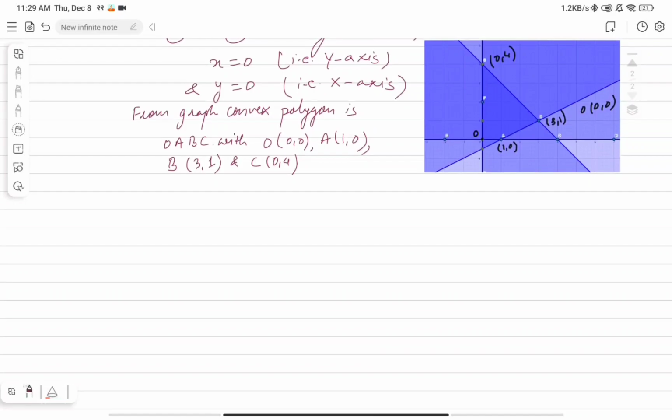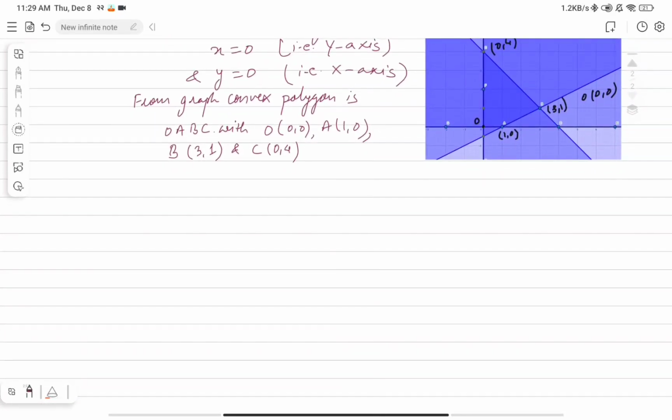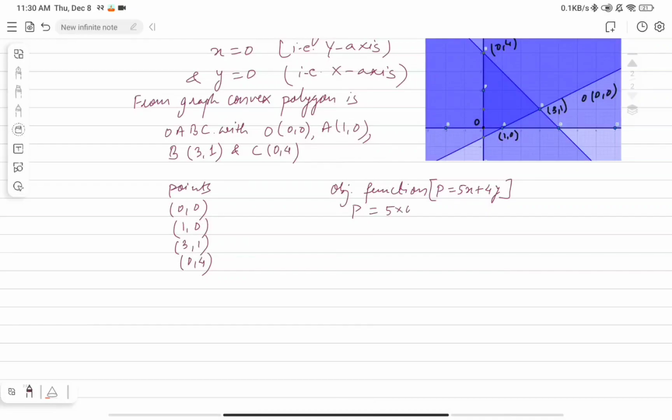Now we'll note down all the points and find the value of the objective function at these points in tabular form. At (0, 0), it is going to be 0. At point (1, 0), it is 5 into 1 plus 4 into 0, that is 5. At point B (3, 1), we have 5 into 3 plus 4 into 1, which is 15 plus 4 equals 19.